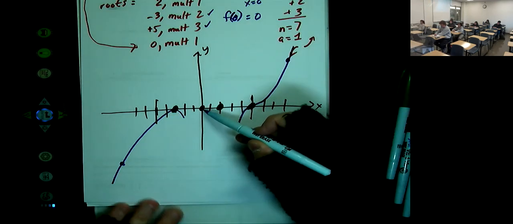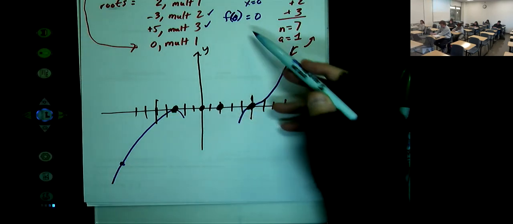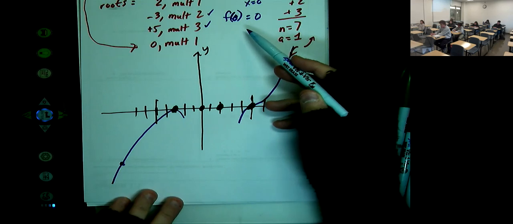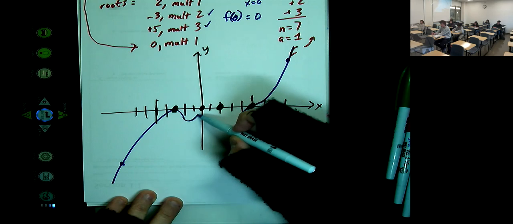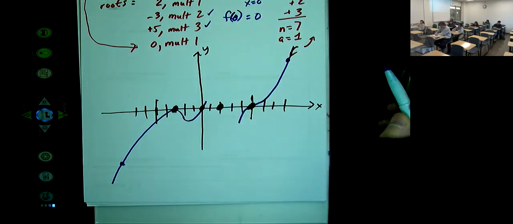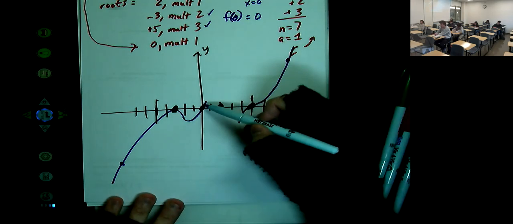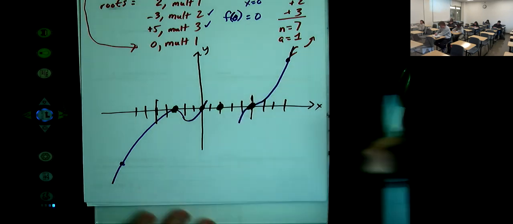At 0, I know it crosses 0. That's my y-intercept also. I don't know where it changes, but it's gotta turn around. It's got a multiplicity of 1, so it crosses kind of like a straight line in that spot.